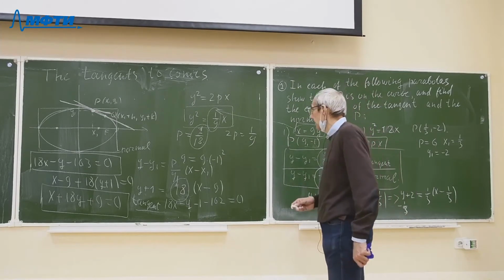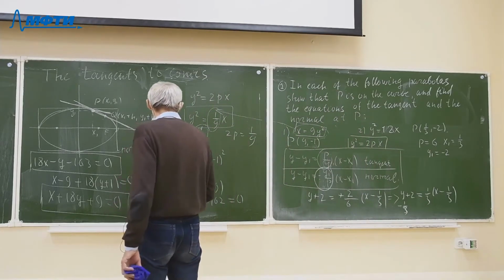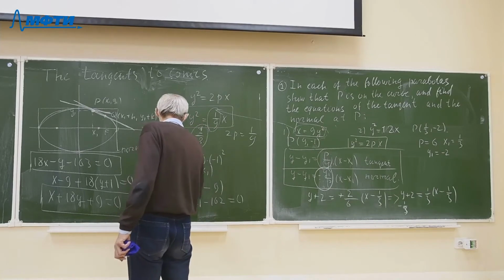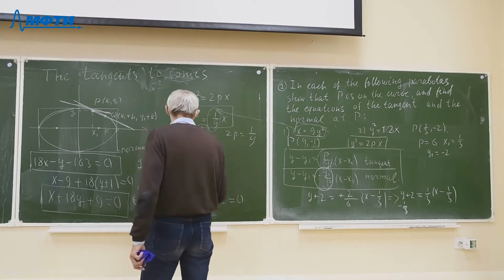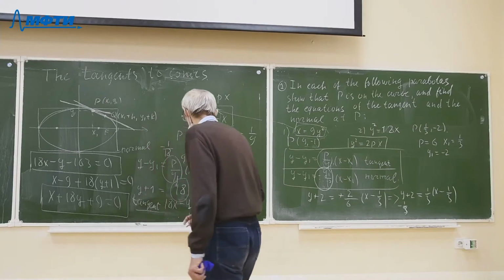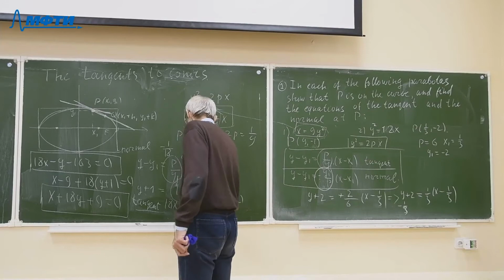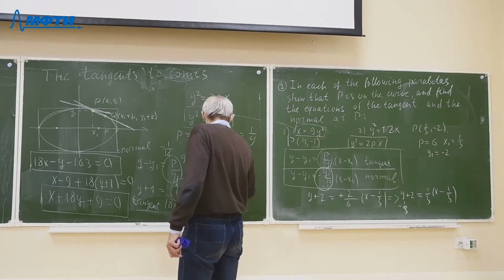But you write 18 there. Let's check the signs. This one is equal -1 divided 18, and in the second case for the normal, this coefficient is equal 18.